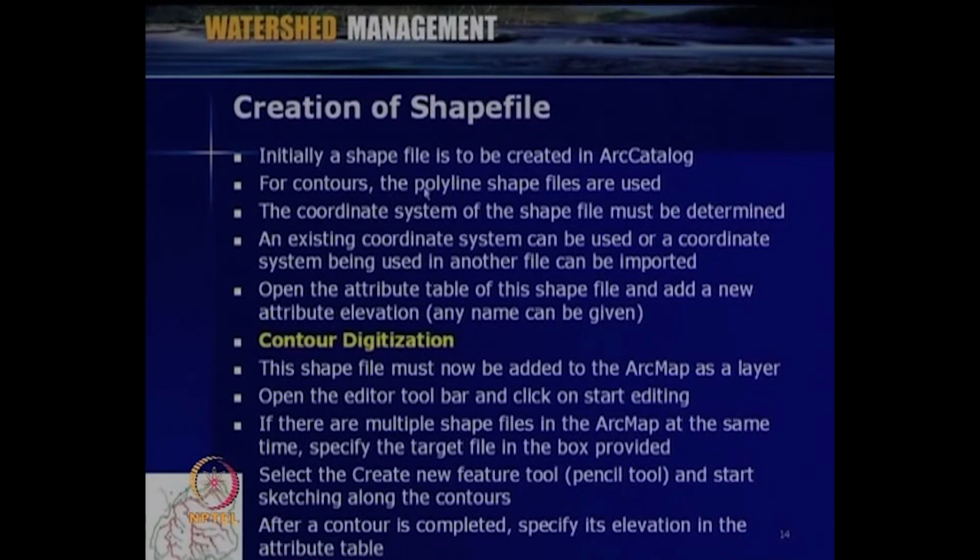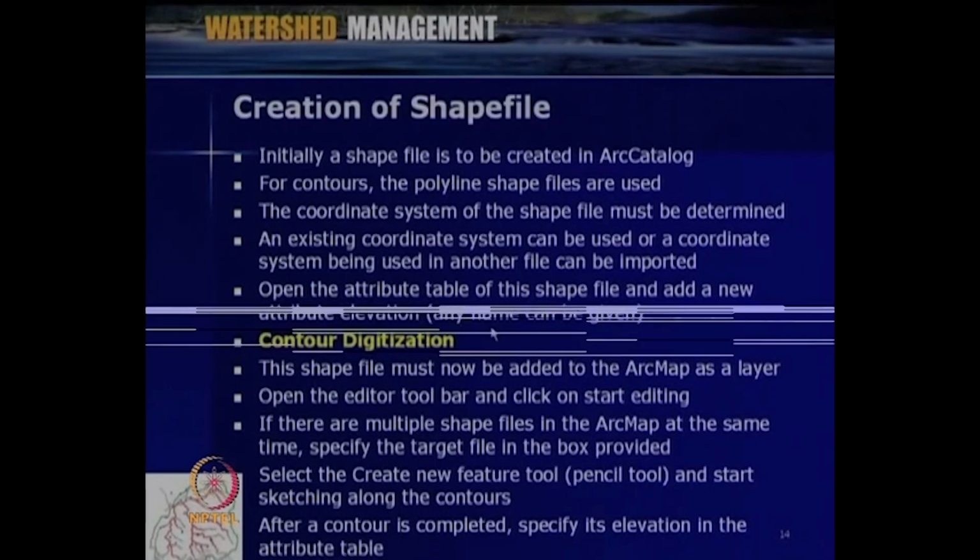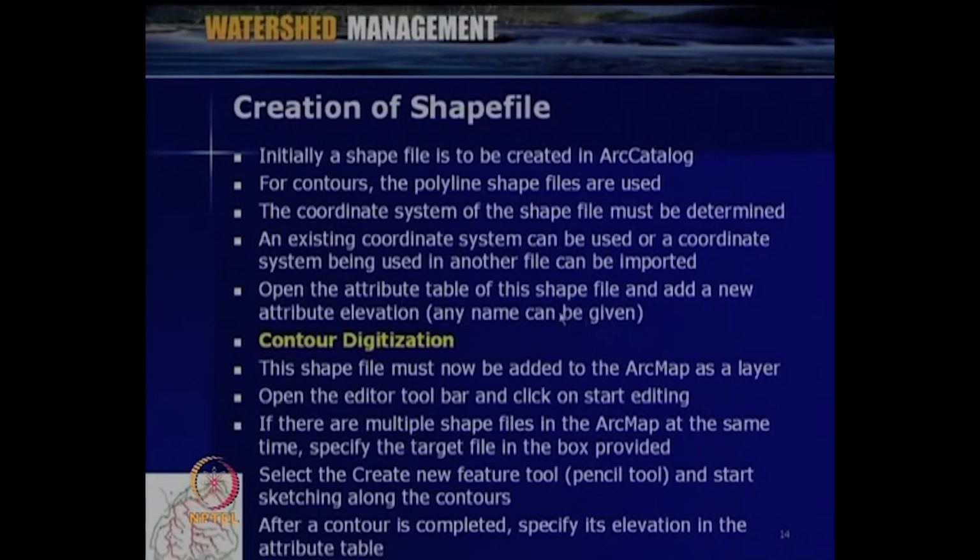For contours, polyline shapefiles are used. The coordinate system of the shapefile must be determined; an existing coordinate system can be used or a coordinate system being used in another file can be imported. Open the attribute table of this shapefile and add a new attribute, elevation. We can use any name for the considered shapefile.